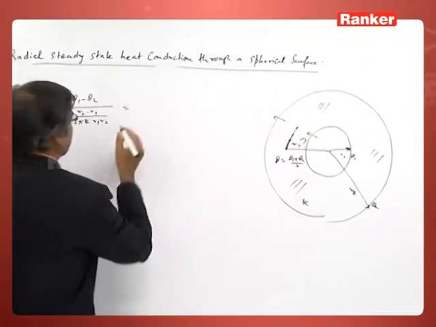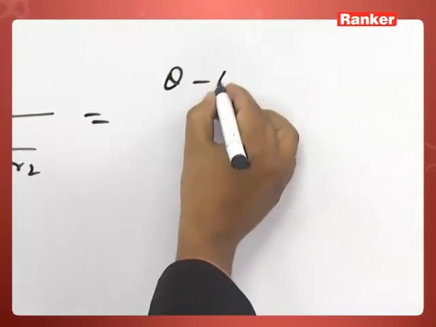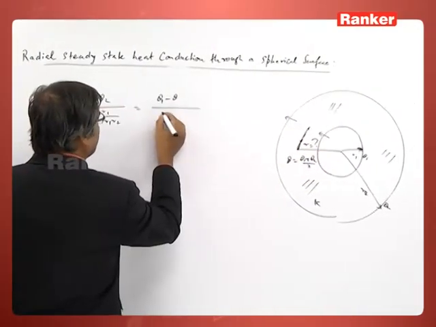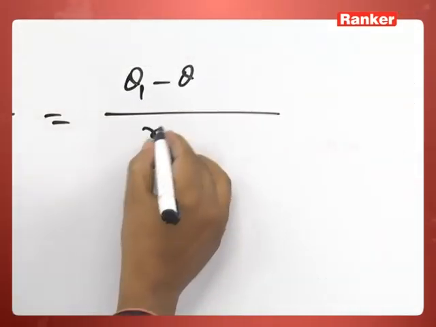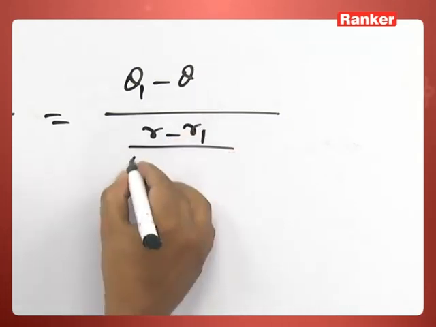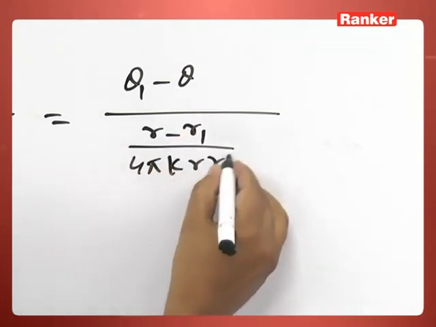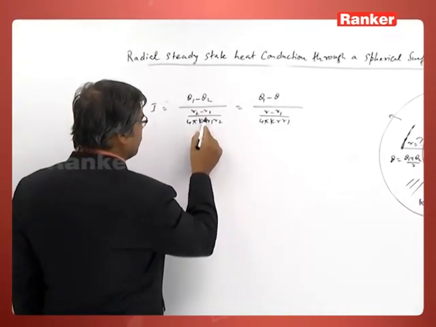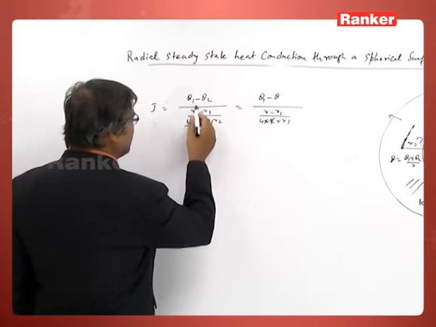So, heat current through this one will be only (theta 1 minus theta) by (R minus R1) by 4 pi k R R1. So, the same expression we are again using, this 4 pi k will cancel out.